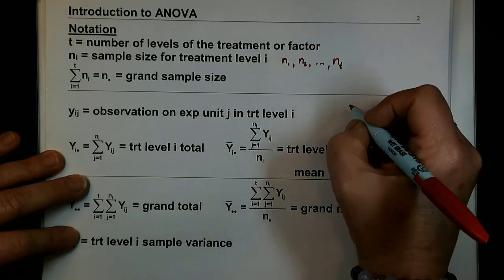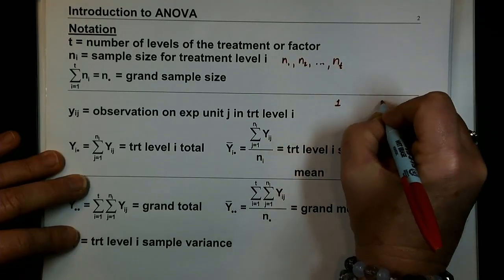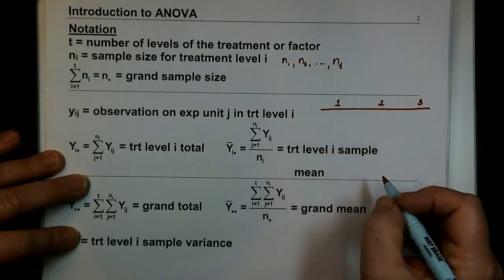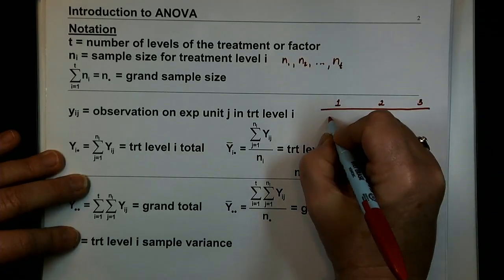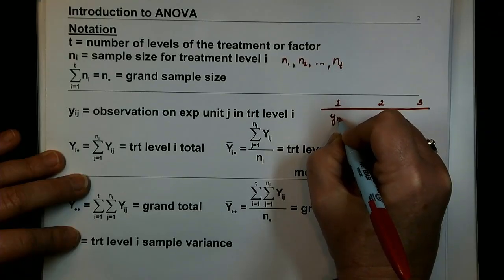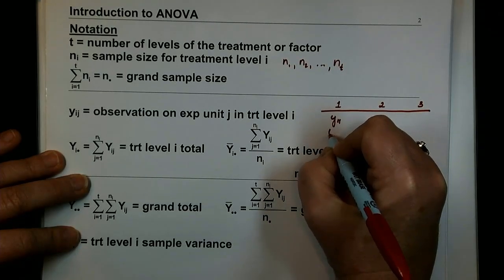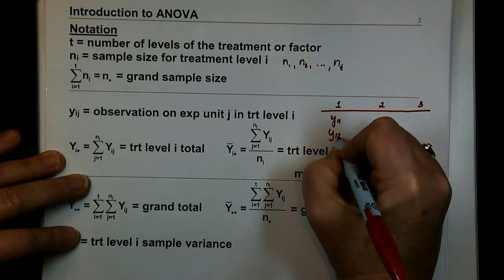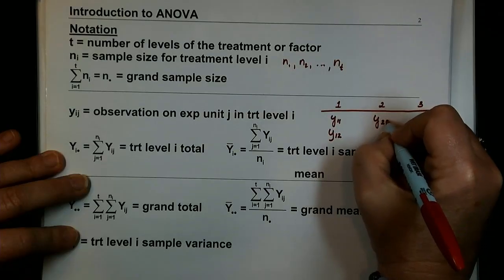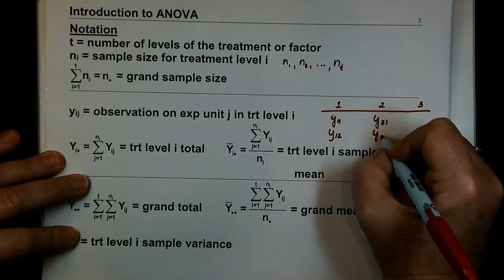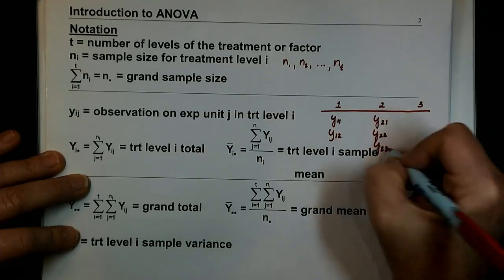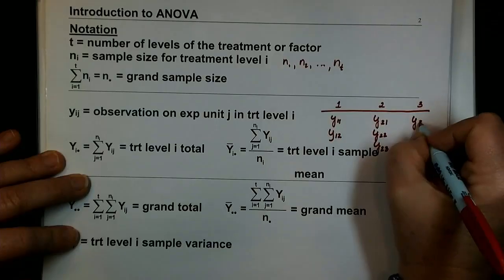So suppose we have a group 1, a group 2, and group 3. And if we measure our data, then we have a value here, which would be Y, treatment level 1, observation 1. Treatment level 1, observation 2. Y, group 2, observation 1. Y in group 2, observation 2, Y in group 2, observation 3. And we can keep going with these.